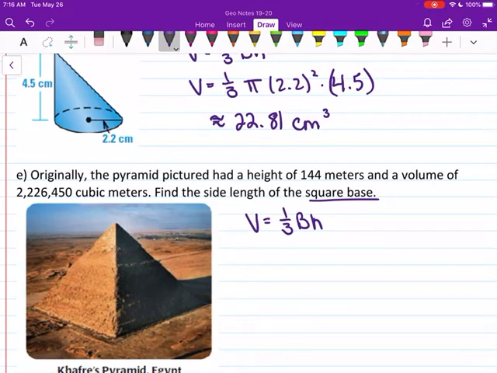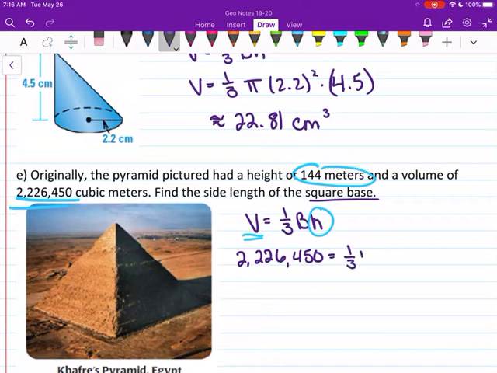The height is 144 meters, and the volume is 2 million some odd. So if I put in my 2 million over here, it equals 1/3 times the area of the base times my height of 144.